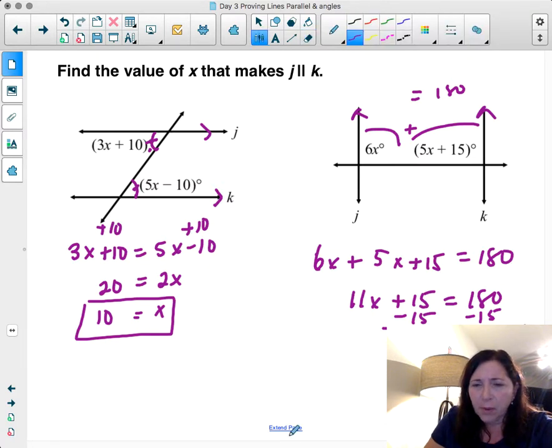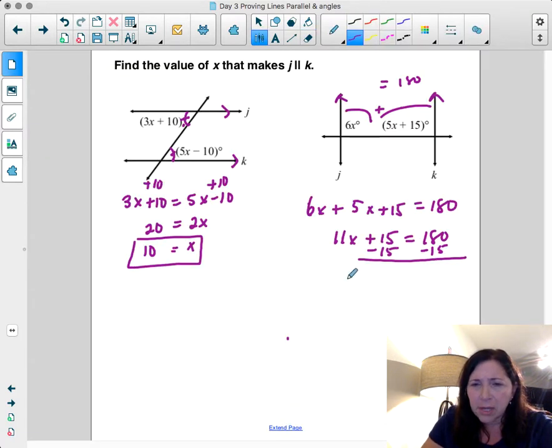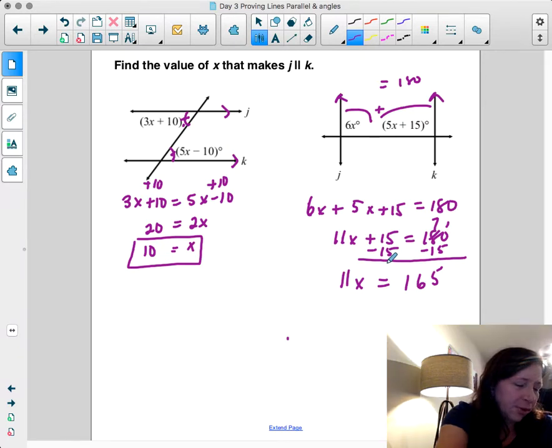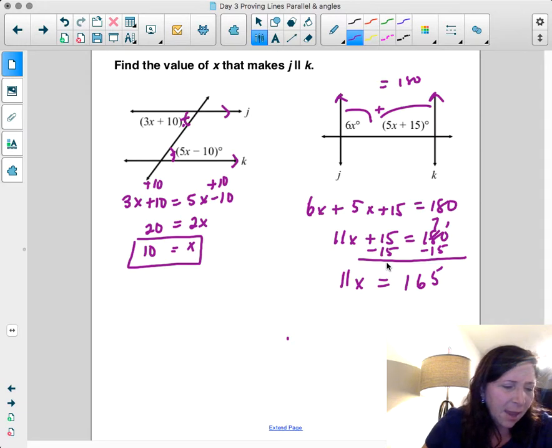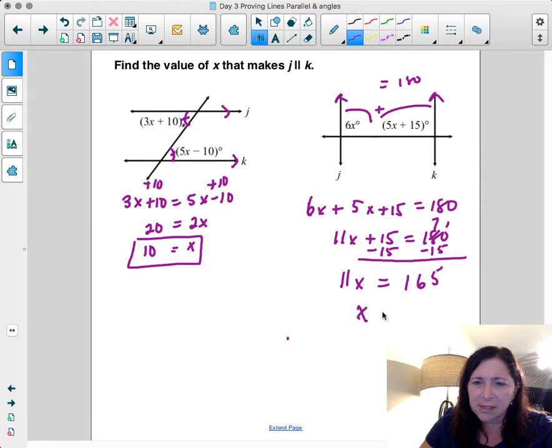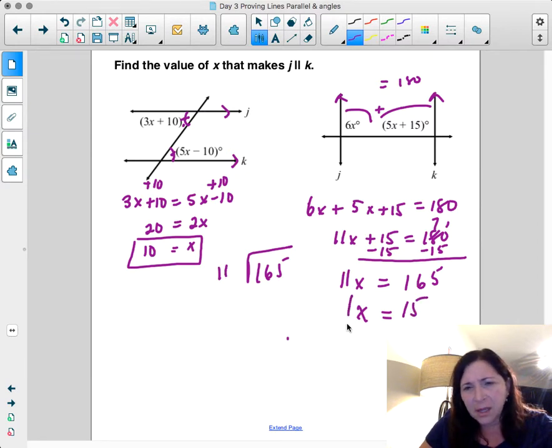So 11x is equal to 180 minus 15, which is 165. You would take 165 and divide by 11, and I believe that's 15. So x is equal to 15.